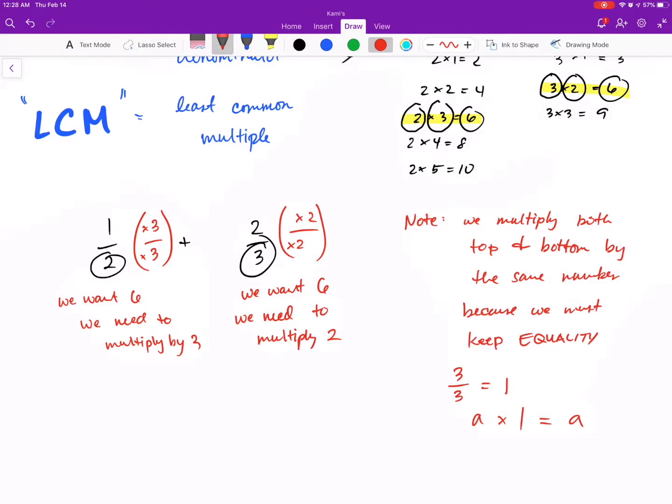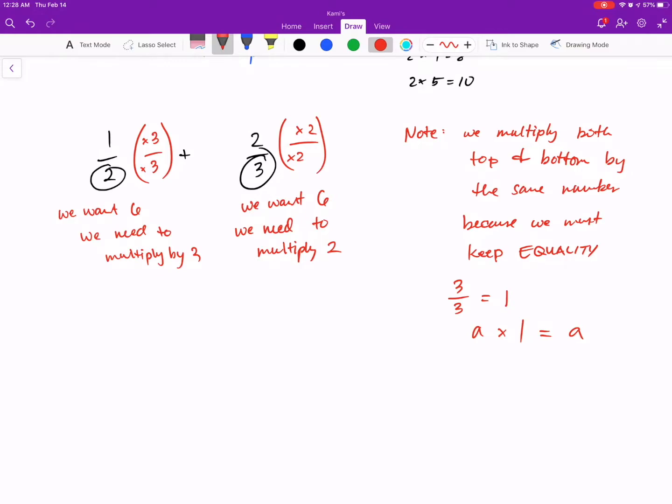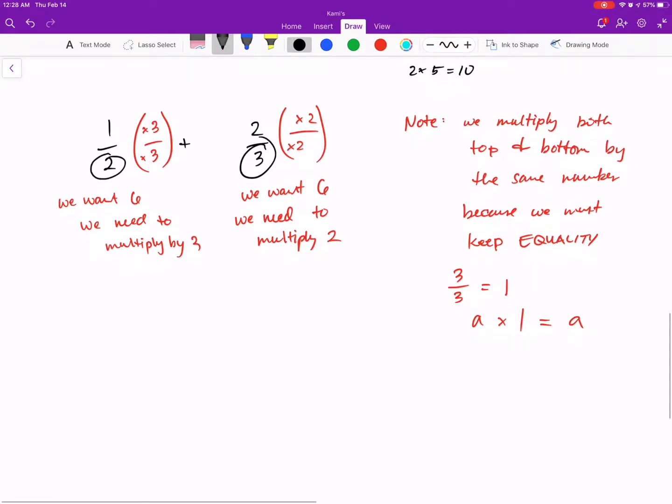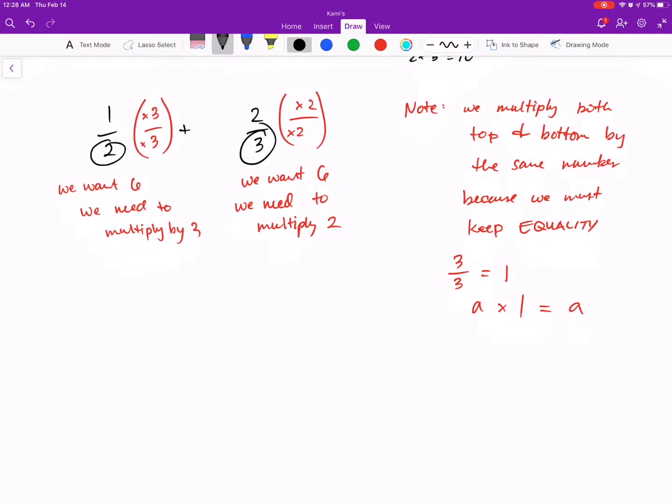Remember, 2 over 2 is equal to 1, and we don't want to change anything. Now we can just multiply across. So 1 times 3 is 3, right? 2 times 3 is 6, because that's what we wanted. 2 times 2 is 4, and 3 times 2 is 6.